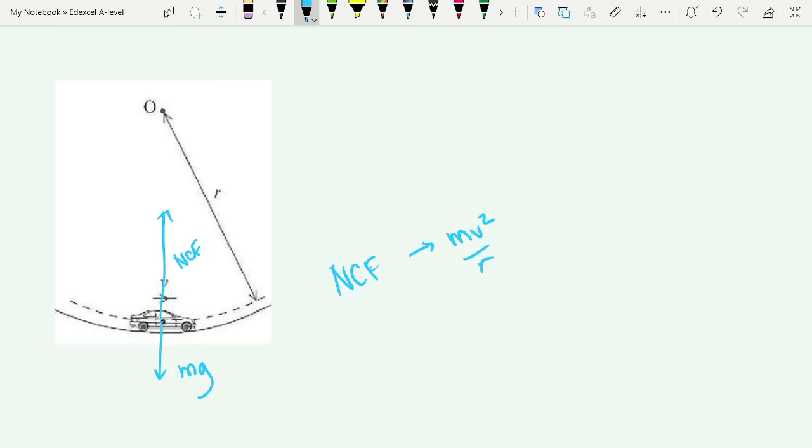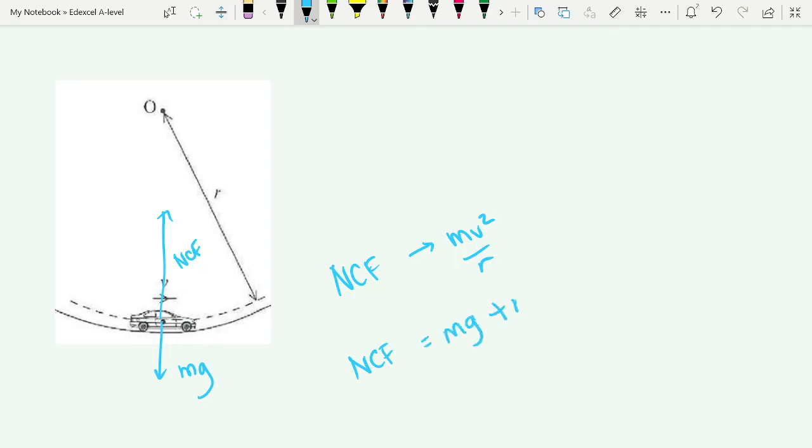Remember that the normal contact force also has another job. It's got to balance the weight of the car, otherwise the car would accelerate into the ground. And that clearly does not happen. So just like the lady who is moving around in the circle, at this point the normal contact force has got two jobs. It's got to balance the weight of the car, just like it does all the time.